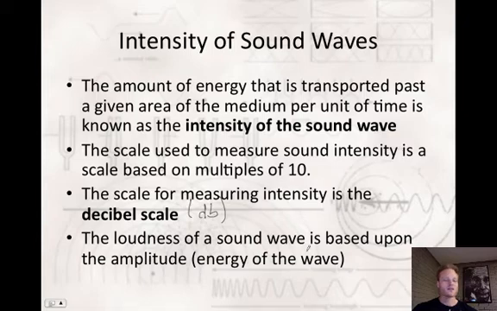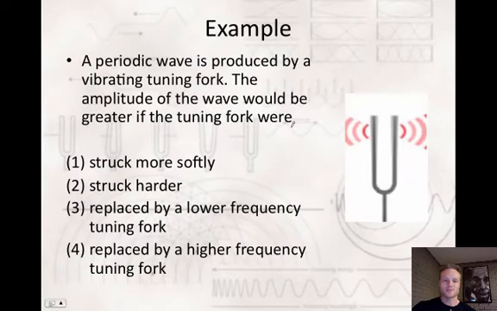Well, it's based upon the amount of energy, or the amplitude of the wave. If a wave has a lot of energy, or a high amplitude, then it would have a higher decibel level, and it'd be a much more intense sound. When you yell, you're actually releasing more energy than when you whisper. So that's how sound waves are measured, on this decibel scale.